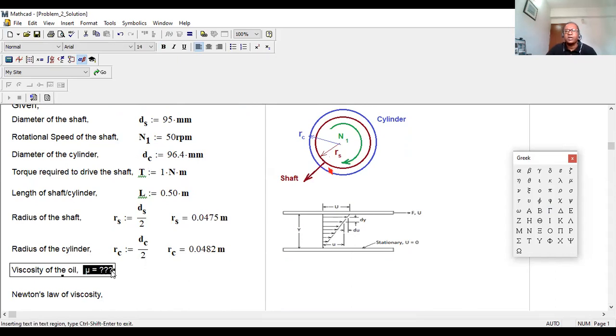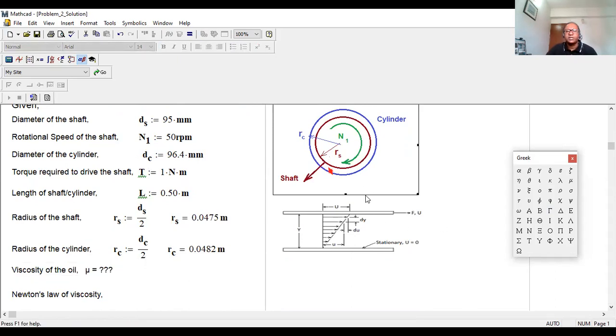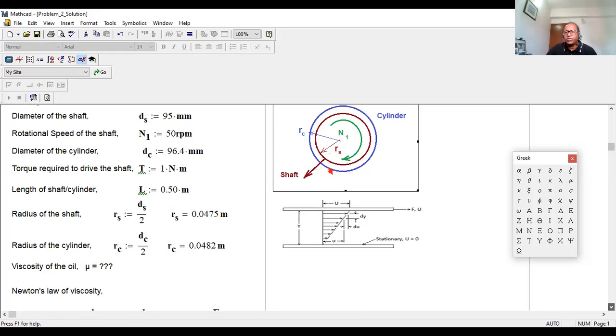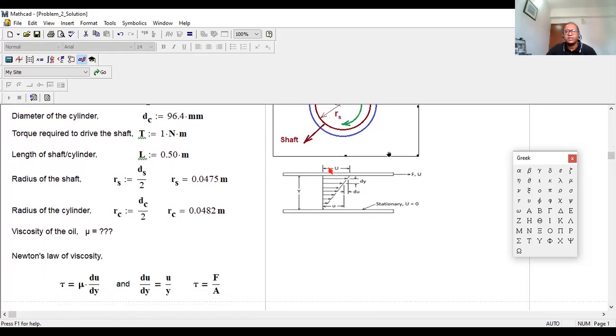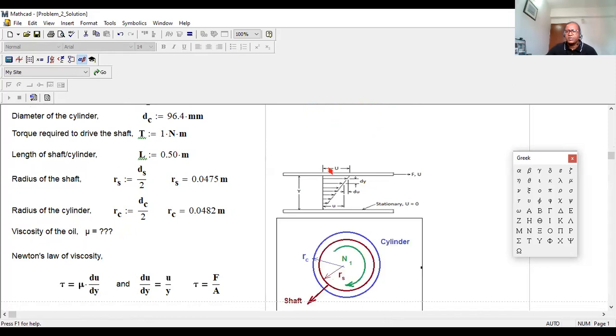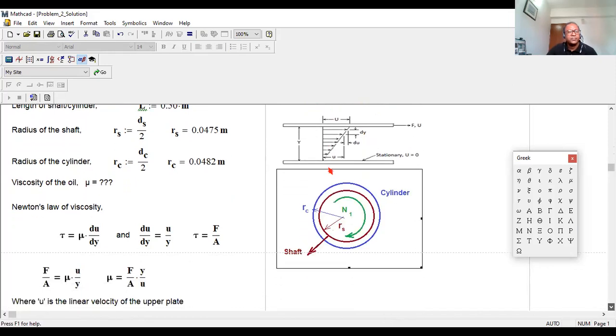Now, which formula do I need to apply? Obviously, you need to apply Newton's law of viscosity. Let me bring this figure at the bottom. So what is our equation?